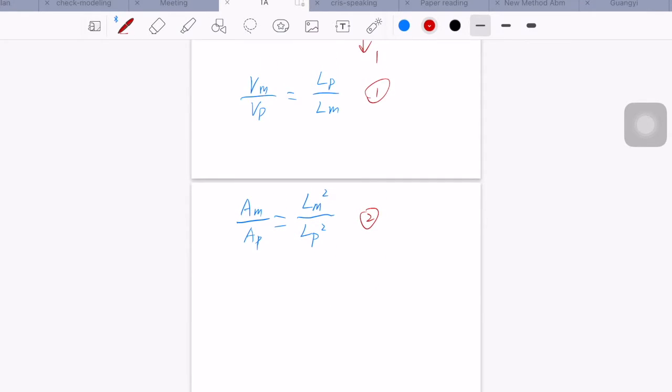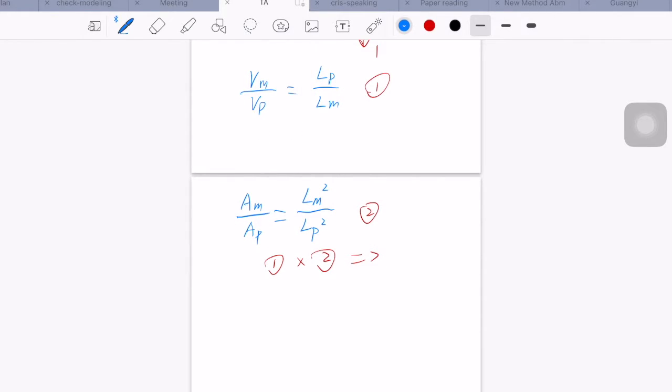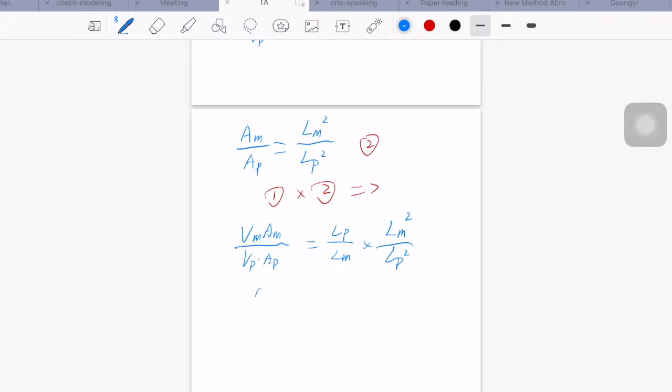Then we multiply both sides of equation 1 and equation 2. We get that VM times AM over VP times AP should be equal to LP over LM times LM squared over LP squared. So QM over QP should be equal to LM over LP.